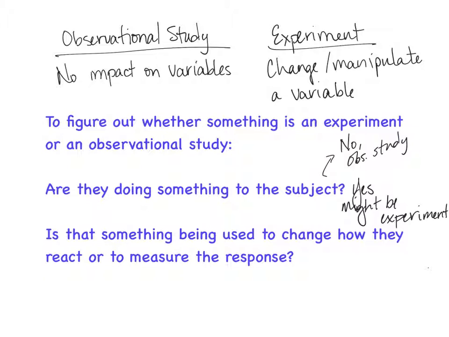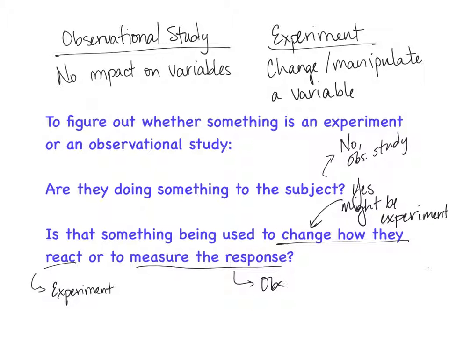Now, if the answer is yes here, you need to ask this question. Is that something being used to change how they react or to measure the reaction? If it is to change how they react, then it's an experiment. If it's just to measure the response, then it is an observational study.